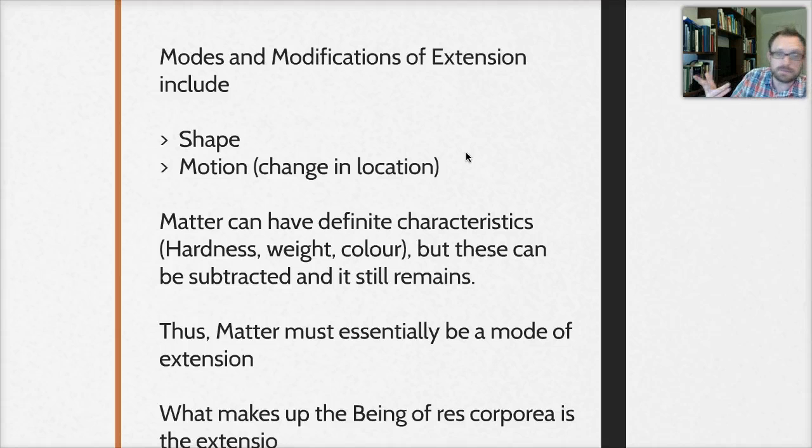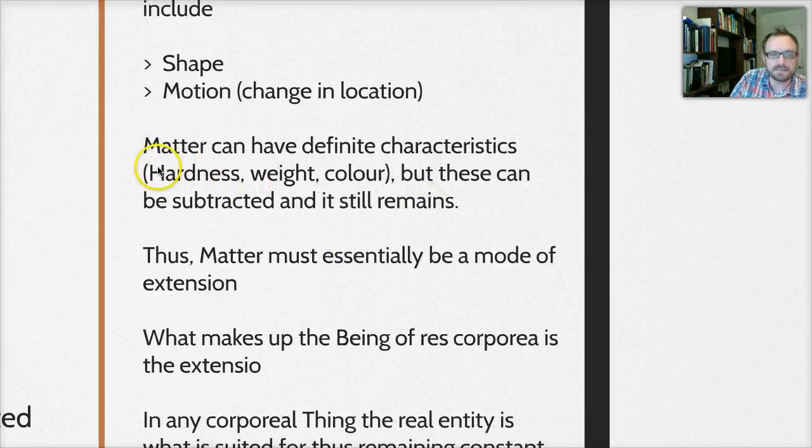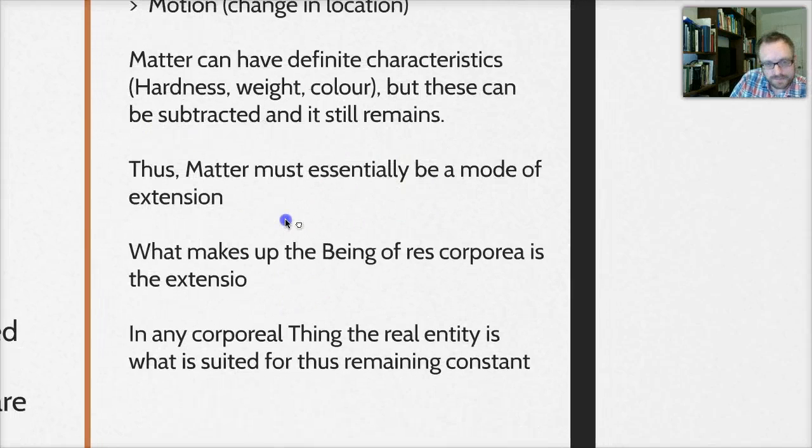They include shape and motion, for instance. The shape of something is clearly a type of extension, but motion is also extension, except it's an extension in terms of a change of location, right? So matter can have definite characteristics, for instance, hardness, weight, color, but these can be subtracted, and yet we still say that something can have matter, right?